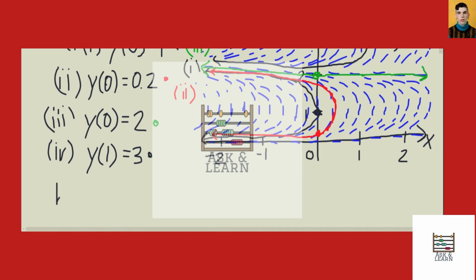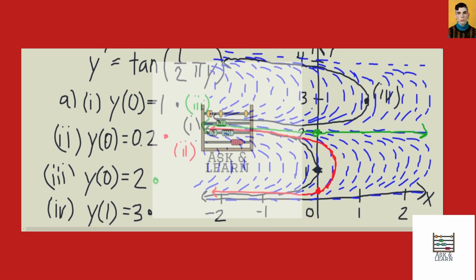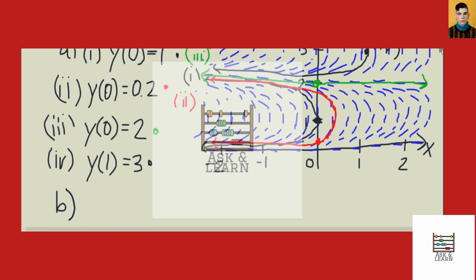In part B, we are asked to find all equilibrium solutions of this equation. Looking at the slope field, we do see horizontal asymptotes at y equals 0, y equals 2, and y equals 4.